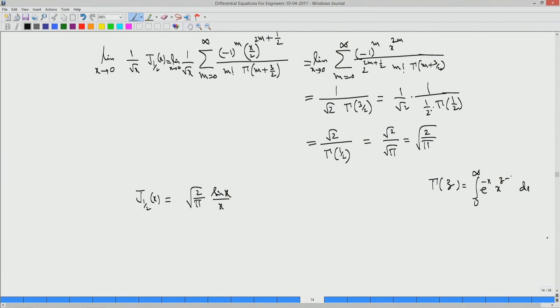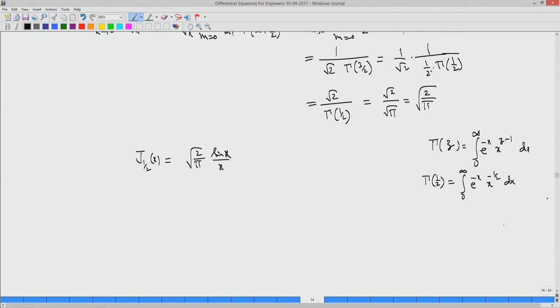Take z equal to half. So gamma half is the integral from 0 to infinity of e power minus x, x power minus half dx. You do the integration by parts and you can find its value is root pi. You can do that as an exercise. So gamma half is root pi, and you will use that to get this one.